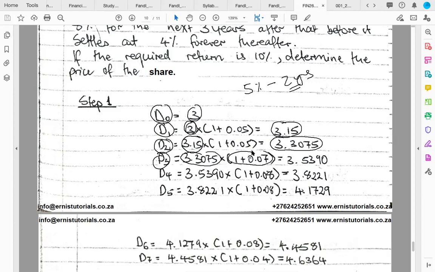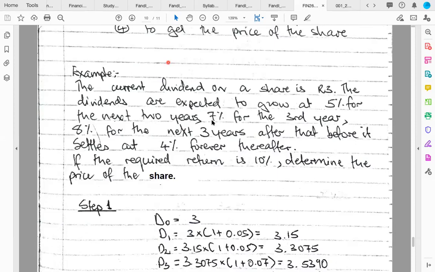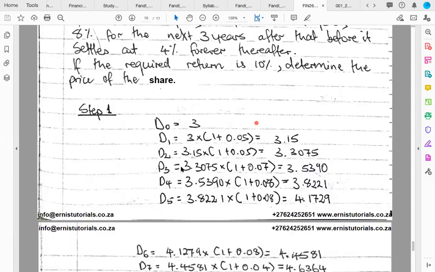And then to get D3, we take the answer we got here for D2 and we multiply it by 1 plus 0.07. Because we were told that it will be 5% for the next 2 years and then 7% for the third year. For D3, we're going to take the D2 dividend, multiply it by 1 plus 0.07, which is 7% growth to give us D3.